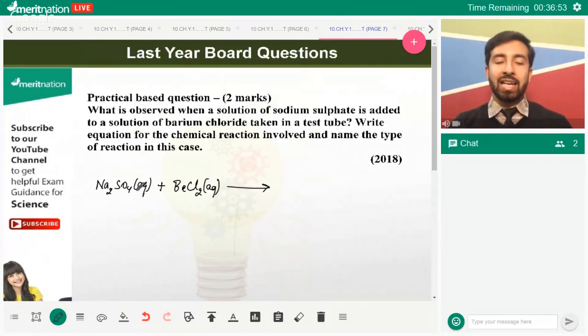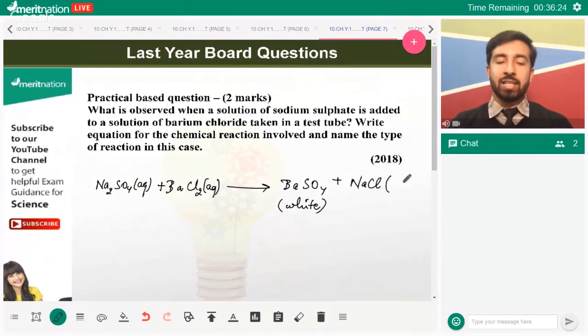When we add sodium sulfate to the solution of barium chloride, it should be BaCl2, that was a typing issue. It will give you a formation of a precipitate of BaSO4, which is white in color, along with the formation of NaCl.